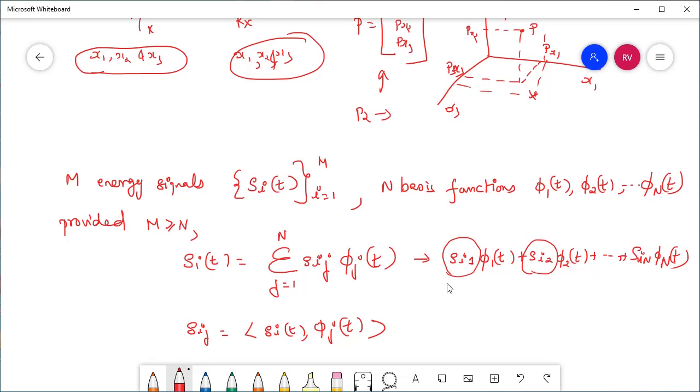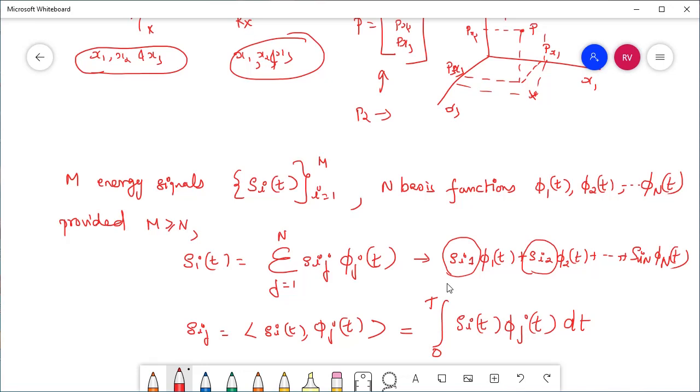And in the case of functions, the inner product is calculated like this. Suppose these are periodic functions, so take a period 0 to T, the integral of Si of t phi j of t dt. This is the inner product between the functions Si and phi j.